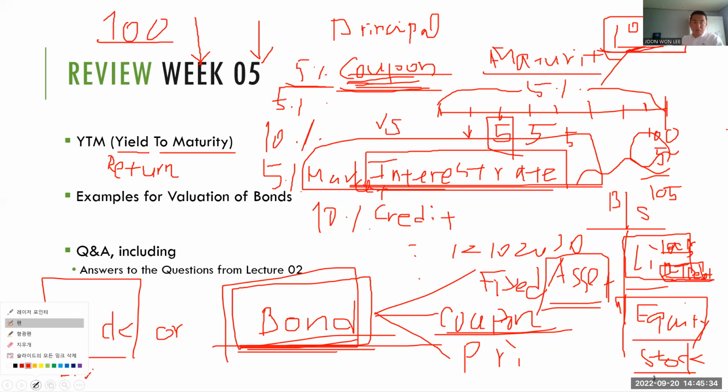So we do not simply compare the coupon rate with the market interest rate, but rather the yield to maturity.